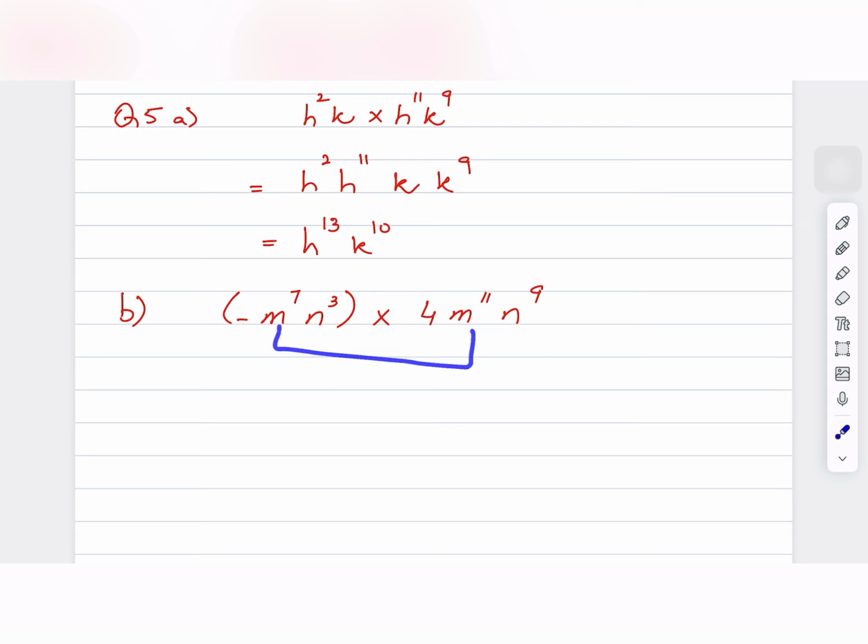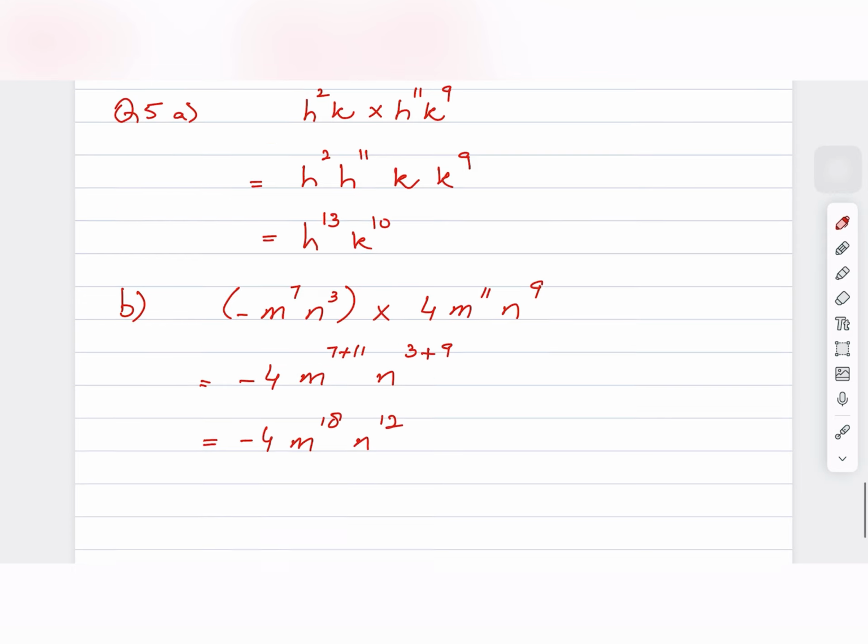Again, you will collect the like terms, so you can multiply minus 1 by 4 and that will be minus 4 m power 7 plus 11 and n power 3 plus 9. So it will be minus 4 m power 18 n power 12.